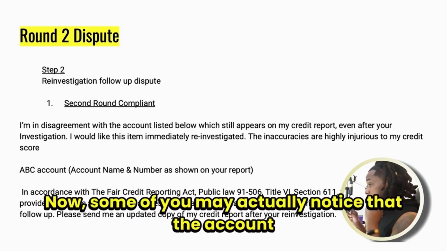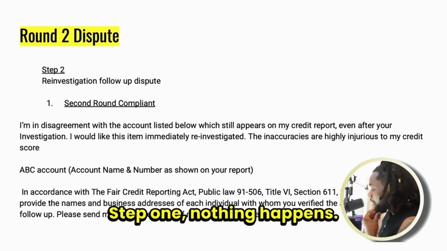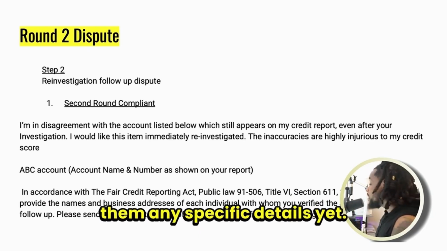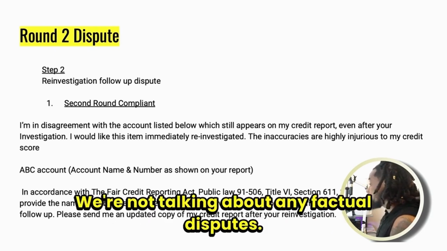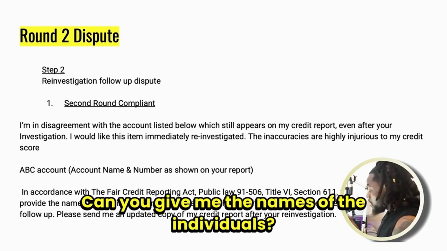Now, some of you may actually notice that the accounts are starting to get deleted after step 2. Usually step 1, nothing happens. Step 2, we're not giving them any specific details yet. We're not talking about any factual disputes. Now we're just asking, hey, can you tell me who you verified this with? Can you give me the names of the individuals?